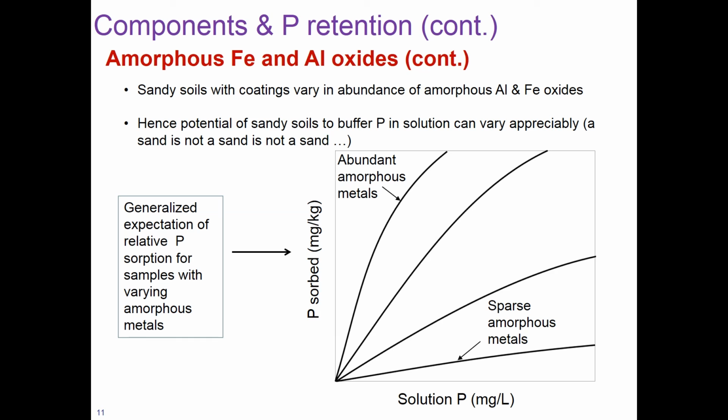This is a generalized expectation of relative phosphorus sorption for samples with varying amorphous coatings. Here I have phosphorus sorbed on the y-axis and solution phosphorus concentrations on the x-axis. And we would expect the sorption to be greater where you have amorphous metal oxides in abundance, as opposed to when they're sparse.